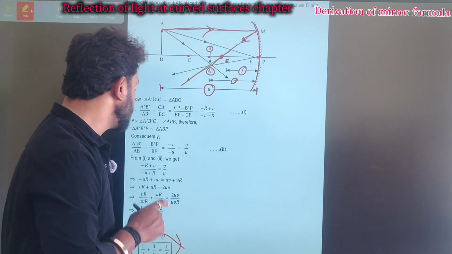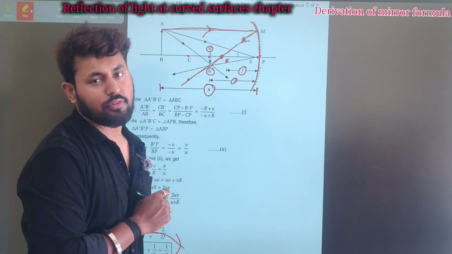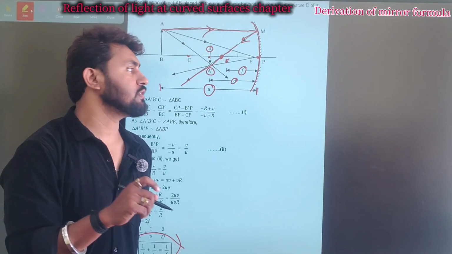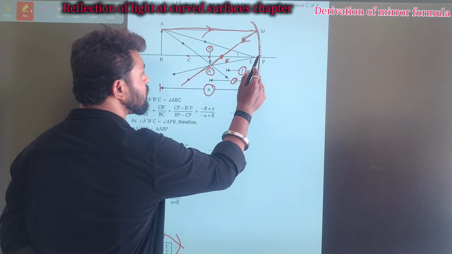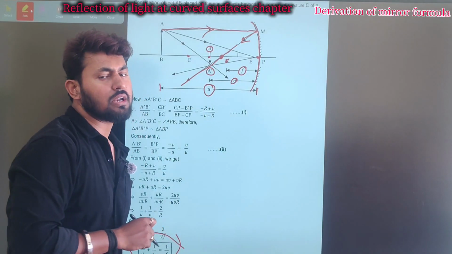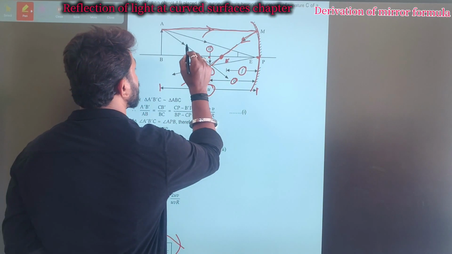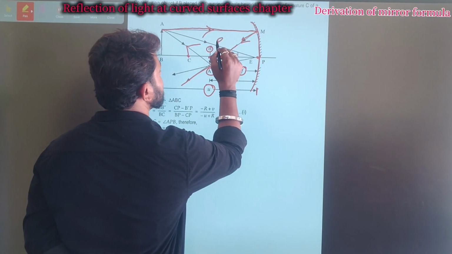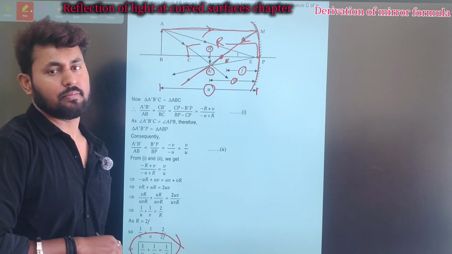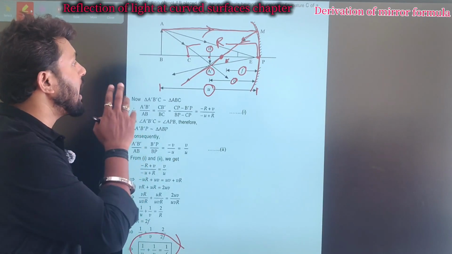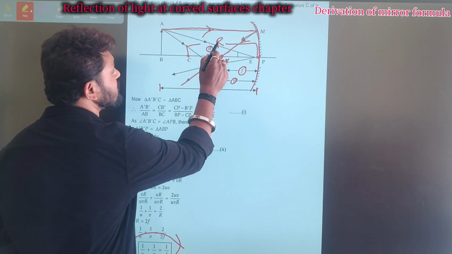Now, the other most important thing that you should know is the radius of curvature. What is radius of curvature? Radius of curvature is nothing but the distance from the pole to the center of curvature, which is represented by capital R. And the most important thing that you should know is the relationship between this R and f.